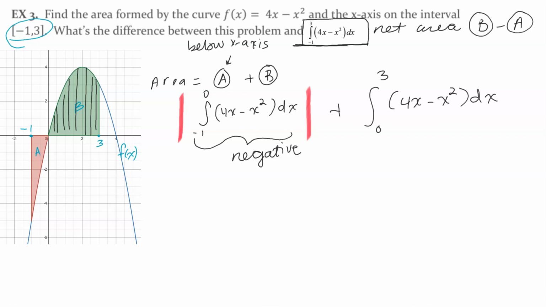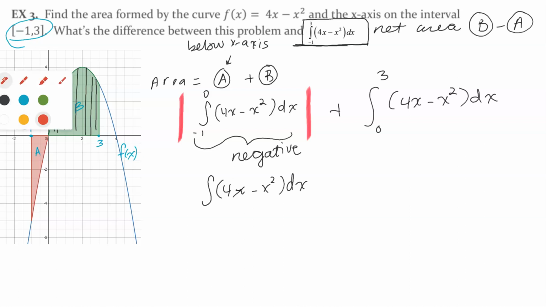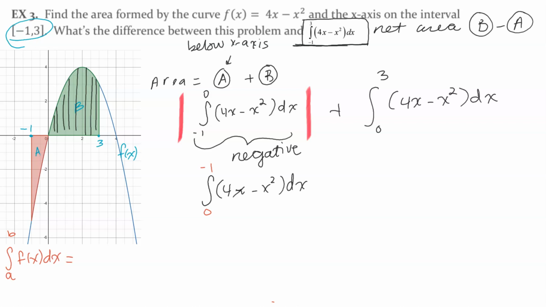Another way we could deal with this is to rewrite the integral. Instead of writing from -1 to 0, we could write from 0 to -1. That is because we have a property that says the integral from a to b of f of x dx equals the opposite of the integral from b to a of f of x dx.